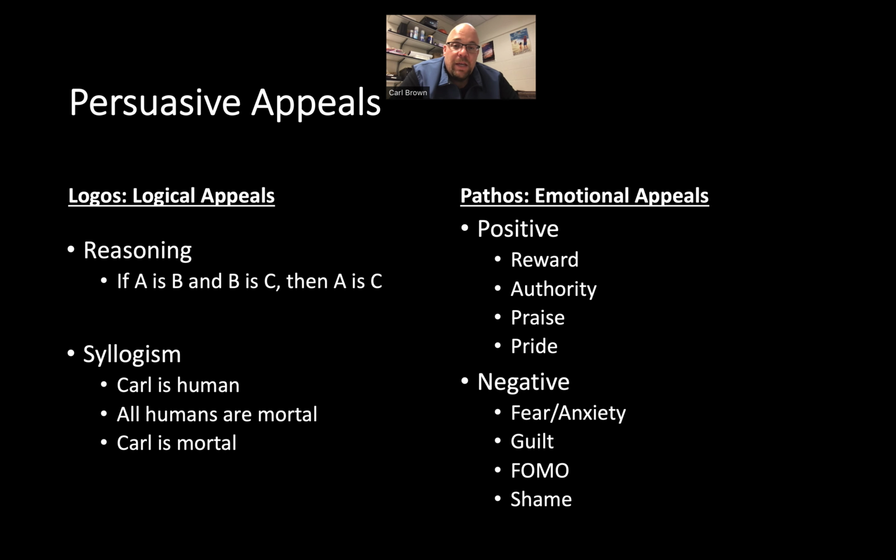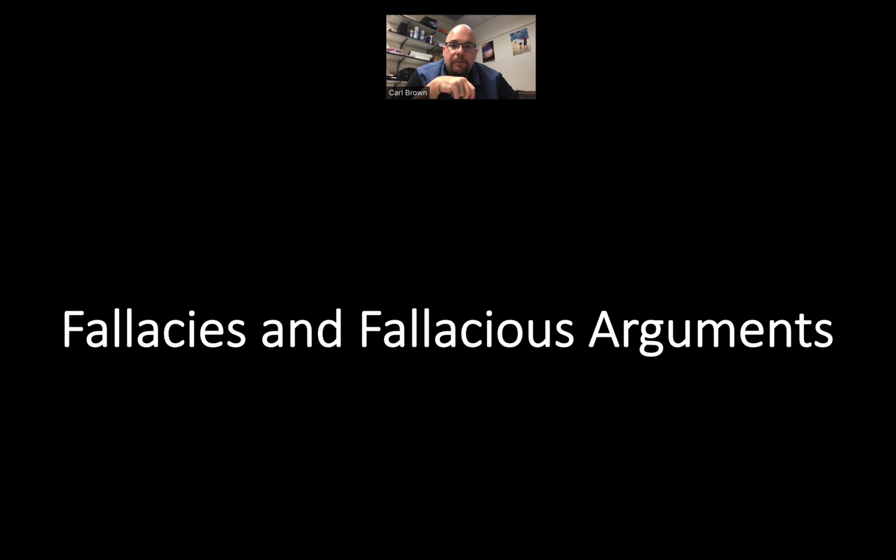Similarly, if people only give positive emotional appeals, people will start asking, yeah, but what's the catch? It seems too good to be true. So mix those up, give them some positive, give them some negative, but focus on how that audience is going to emotionally respond to the topic.